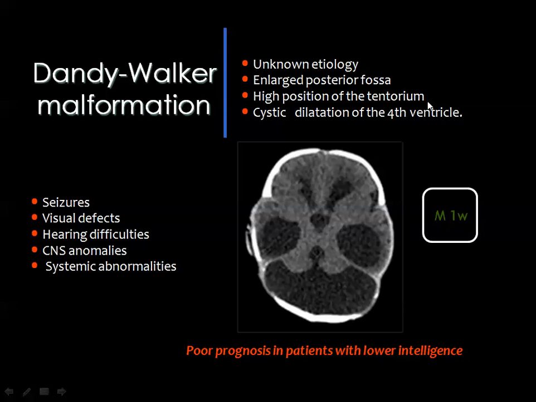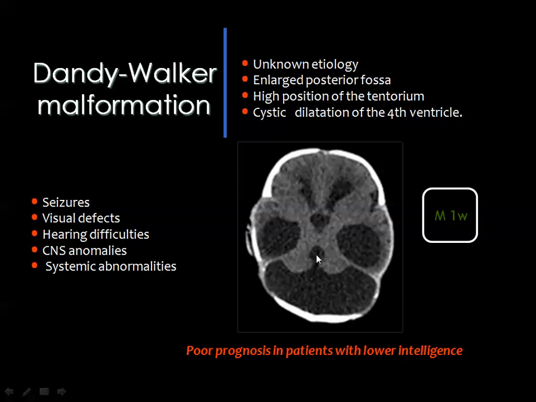The posterior fossa is enlarged. This is one of the stigmata of Dandy-Walker malformation. The posterior fossa is enlarged, and there is a big cyst posterior to the cerebellum, and this cyst is connected to the fourth ventricle via the aplasia of the cerebellar vermis.